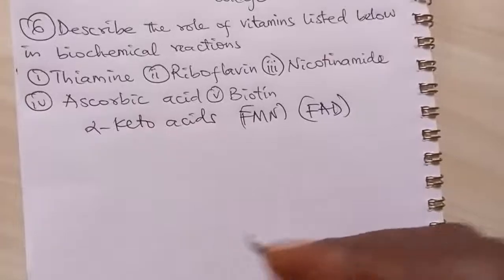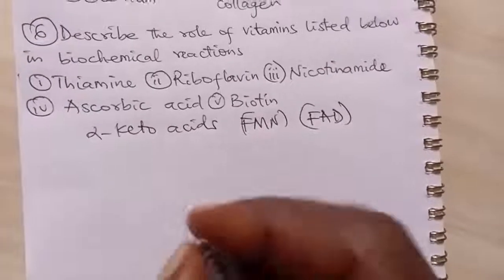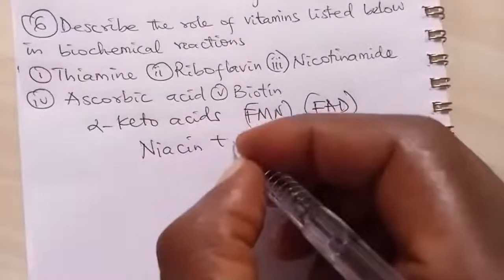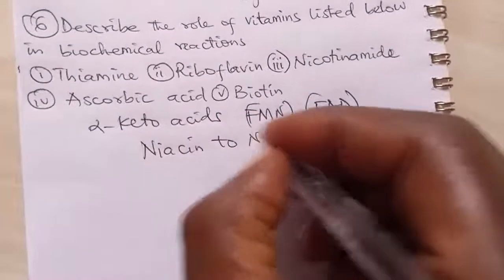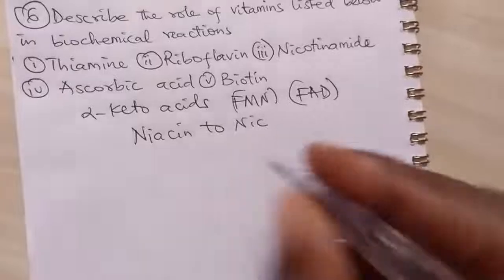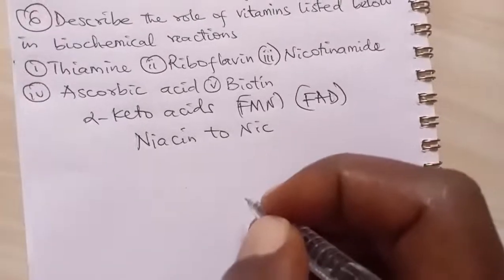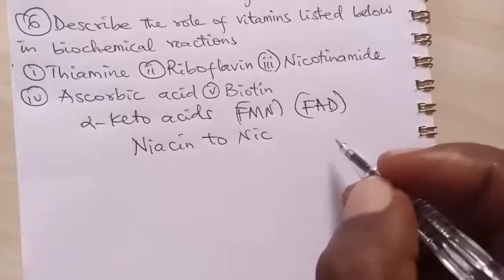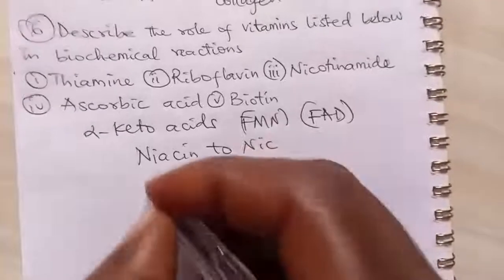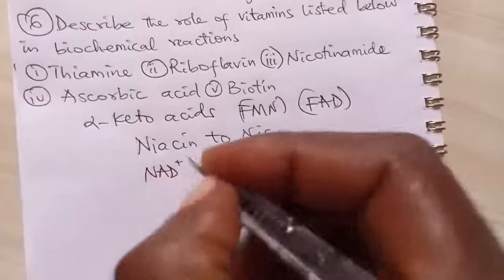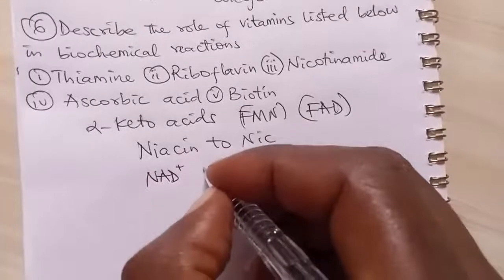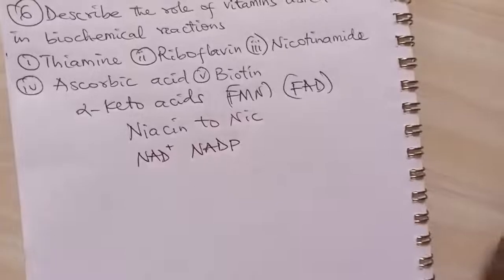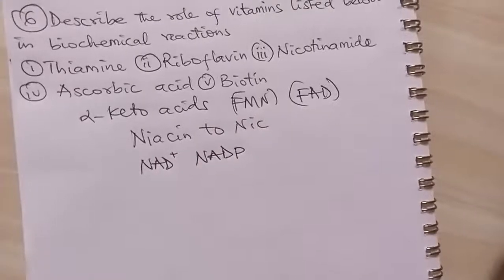Humans convert niacin to nicotinamide, which contains a pyridine ring and is required for the synthesis of the coenzymes NAD plus and NADP, which are used in dozens of oxidation reactions.